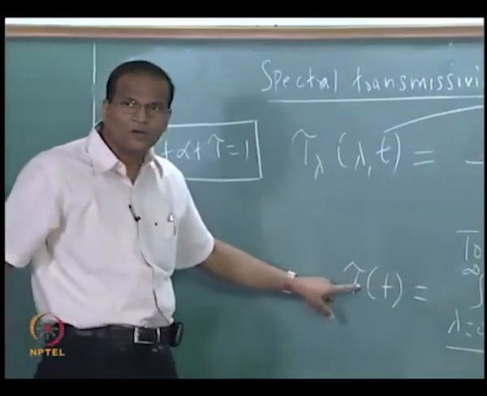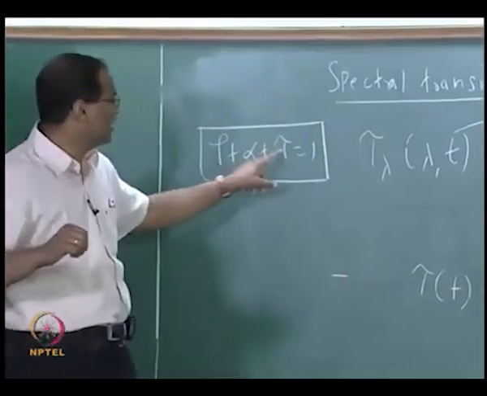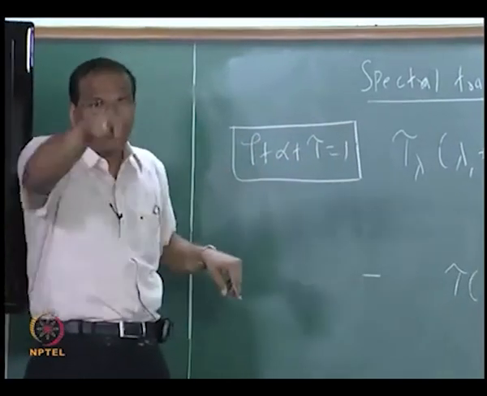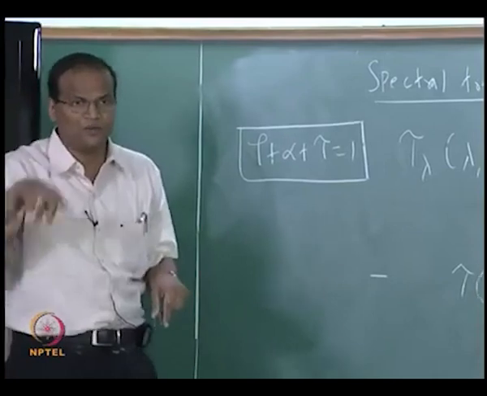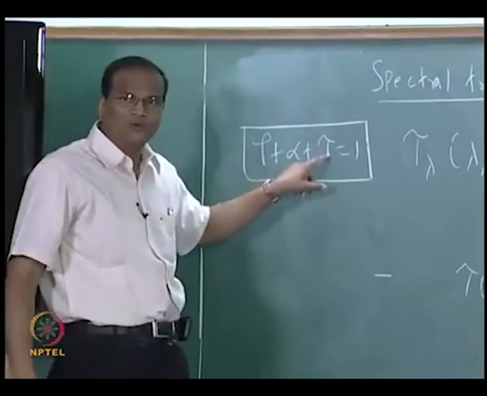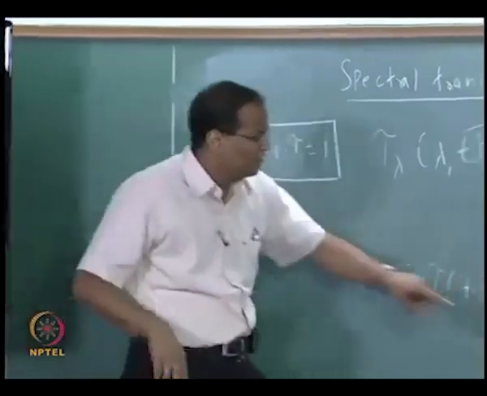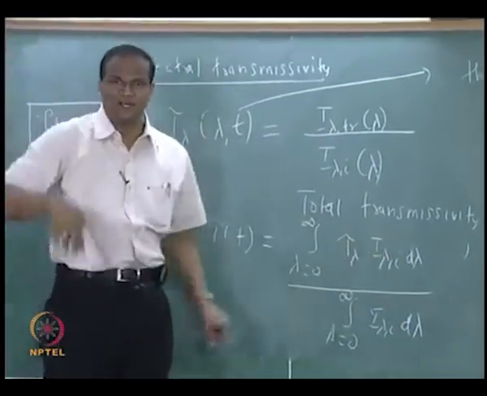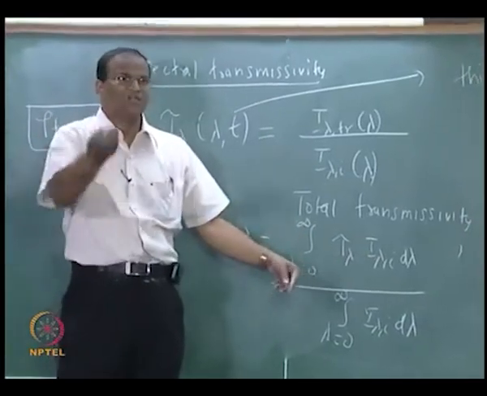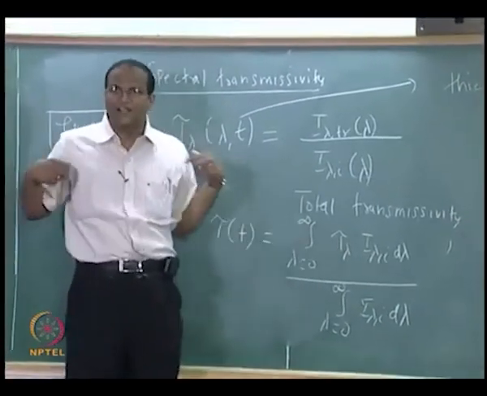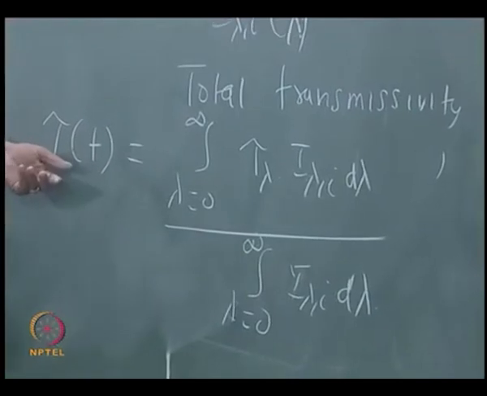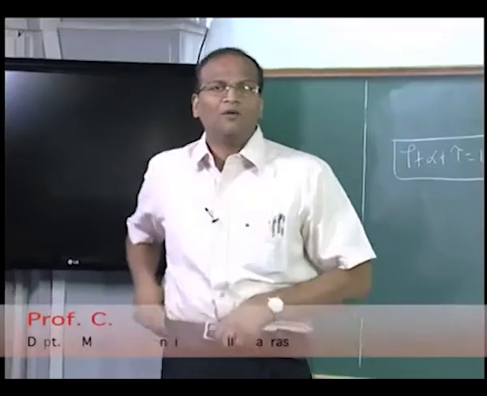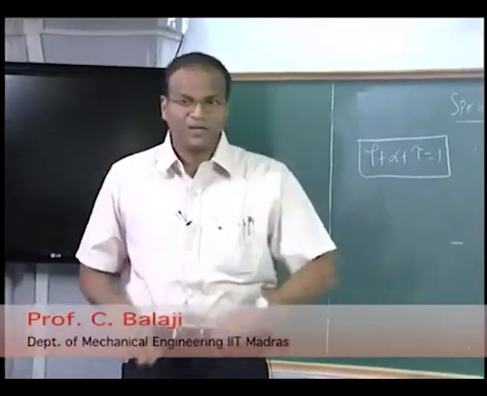Yes. How? You will first say tau equals 1 minus open bracket alpha plus rho, from whatever is given data or from the graphical distribution. You will recreate the graphical distribution for tau, and for I lambda incident you will take E_b lambda corresponding to the sun's temperature. You will use the F function chart, create tau based on this, and then calculate the total tau. We will work out such a problem in tomorrow's class. We will also work out a problem about the sun control film, how it works. Okay, I will stop now.